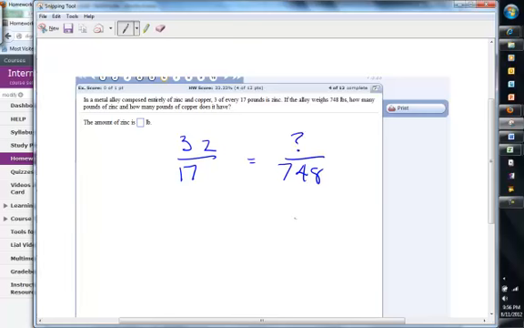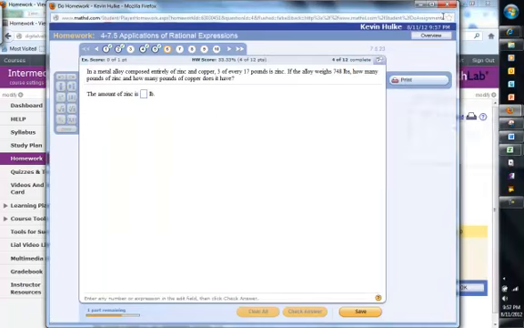So we can cross multiply here. 3 times 748 divided by 17. And we get 132 pounds of zinc.